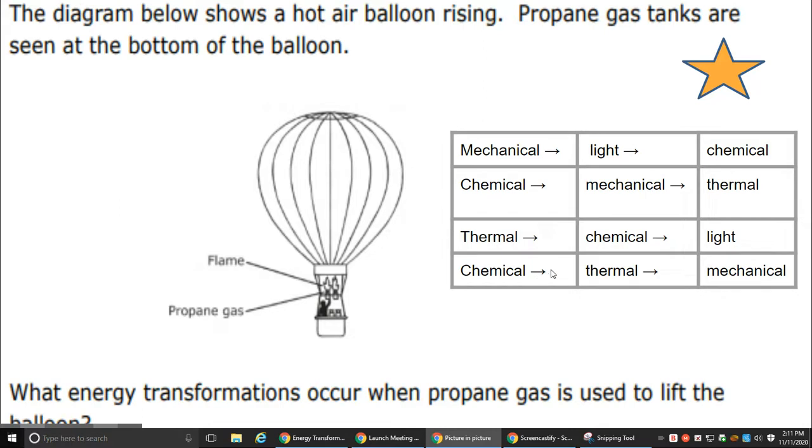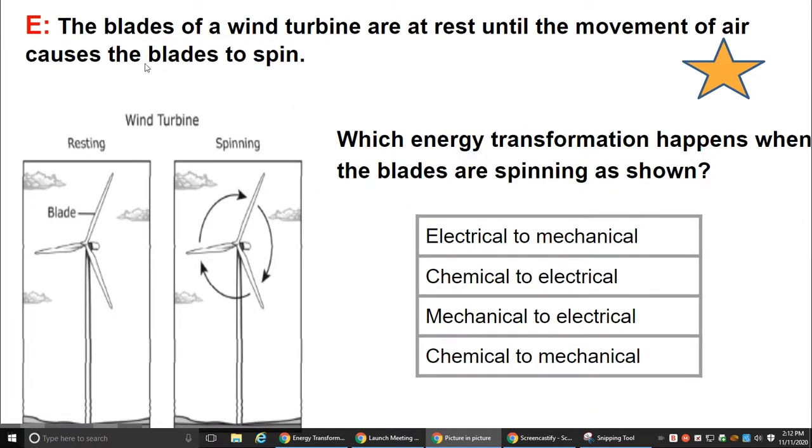And then that chemical energy is transformed into thermal energy, which is heat, because we have a flame, and then it's mechanical. Then we have energy of motion, the balloon goes up. So we have chemical, the propane gas, being converted into thermal energy, which is heat, and then mechanical energy, which is motion, and the balloon goes up.